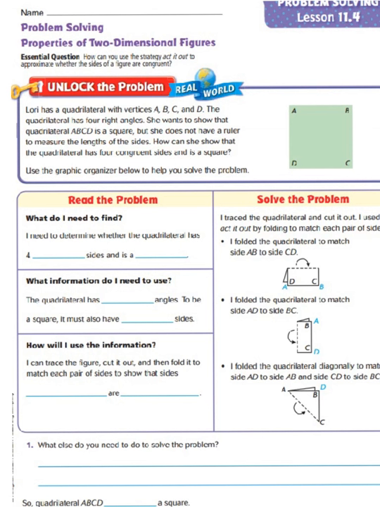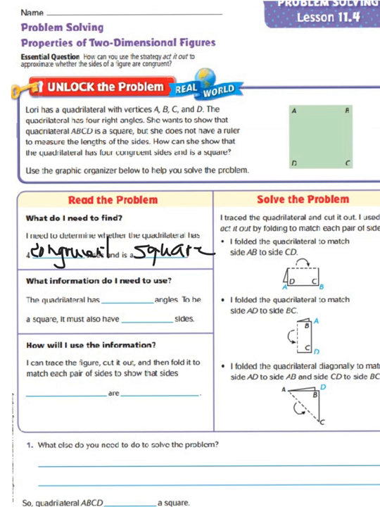So, very first step is to read the problem, which is what we just did. So we begin by, what is it exactly we need to find? Well, I need to determine whether the quadrilateral has 4 congruent sides and is a square.